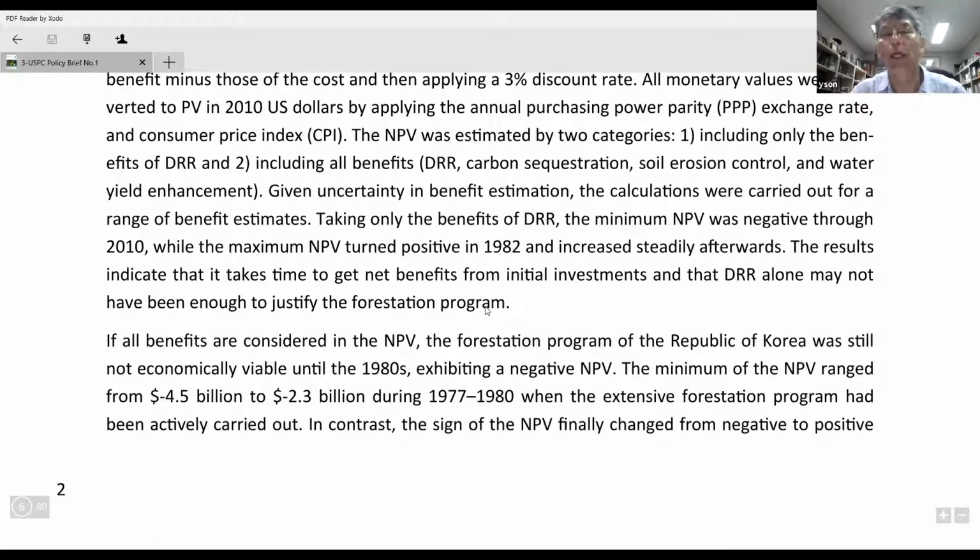So if we include many ecosystem services, in this study, we only included extra 3 ecosystem services. If we add more ecosystem services like biodiversity, air purification, ecotourism, landscape, the benefit will increase more. Okay.